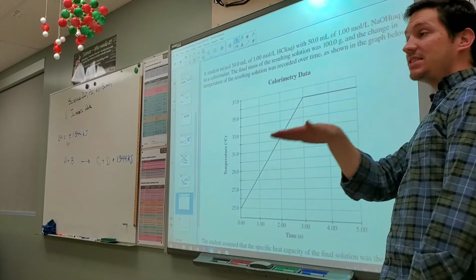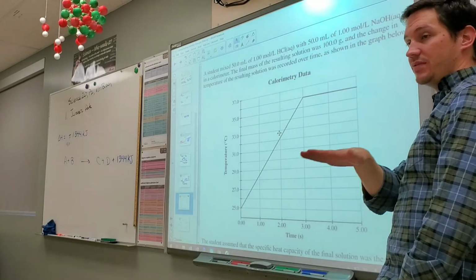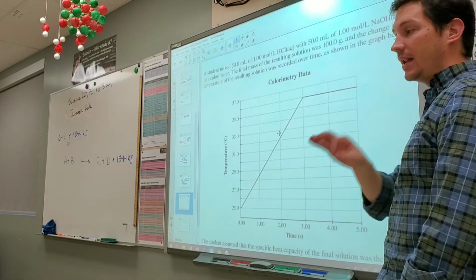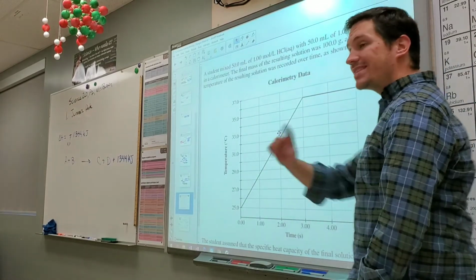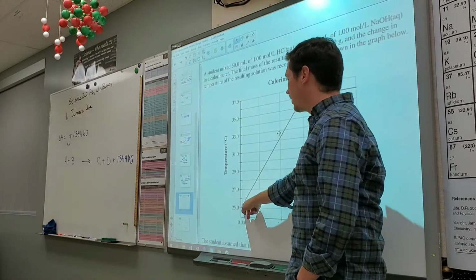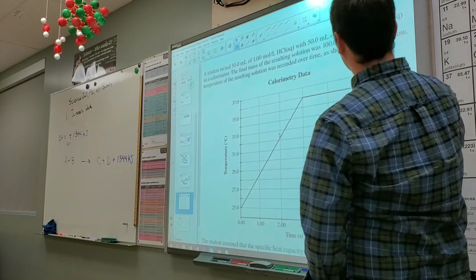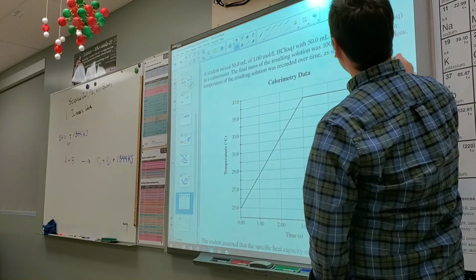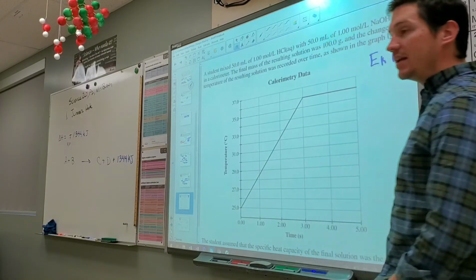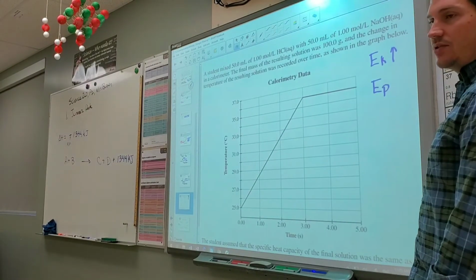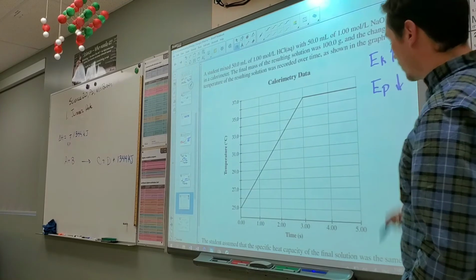You can't directly measure the potential energy of a system, but you can directly measure the kinetic energy of the surroundings. So what's happening to the kinetic energy of the surroundings? It's going up. Our temperature is increasing. So if the kinetic energy of our surroundings is increasing, then what must be happening to the potential energy of our system? It must be decreasing.